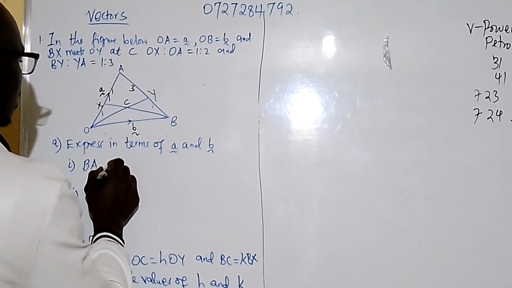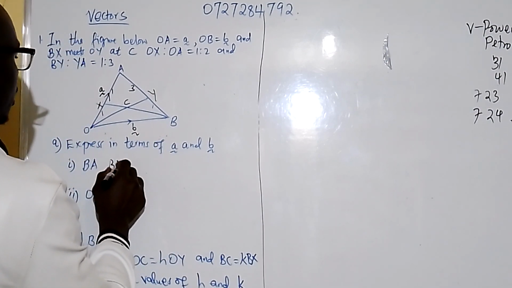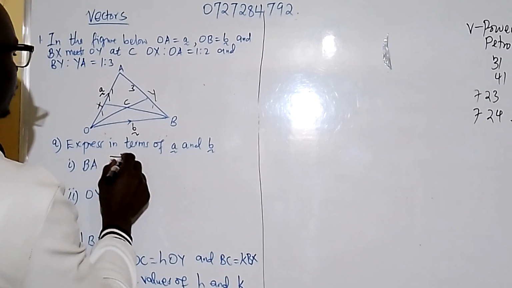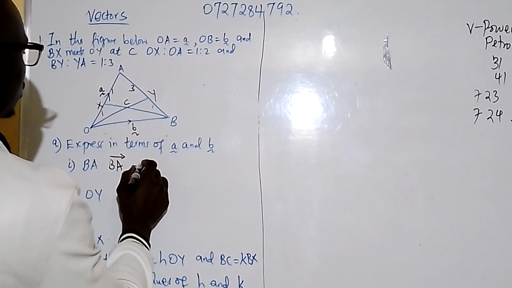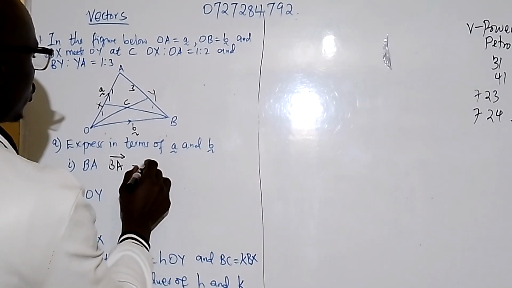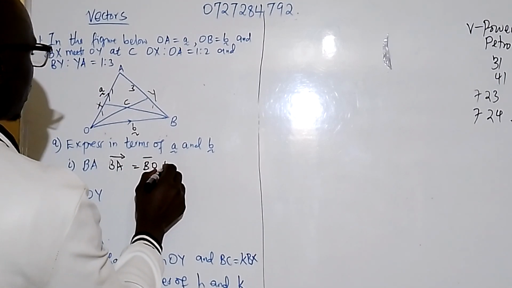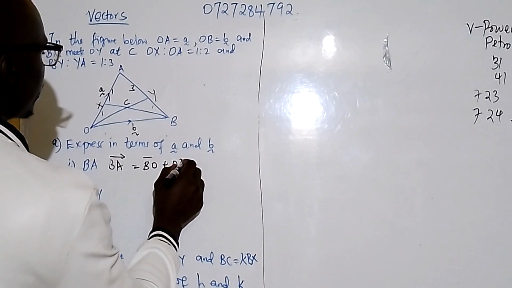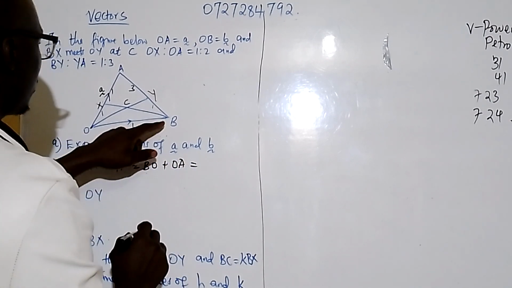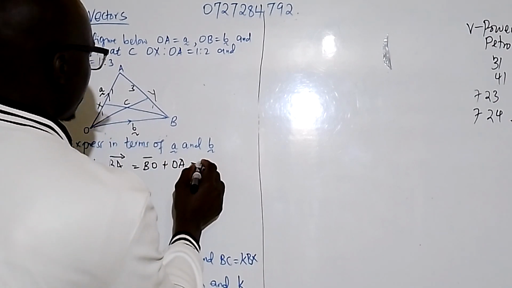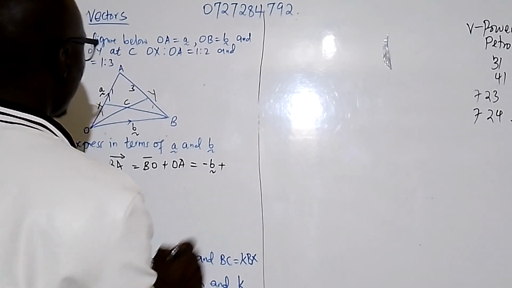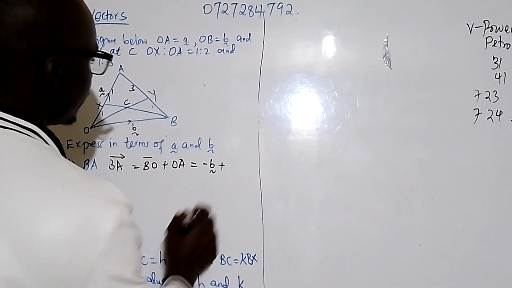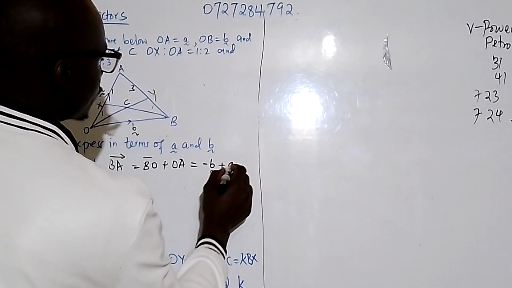Vector BA is written this way, equals BO plus OA, which is negative vector B. We are moving in the opposite direction. Plus OA is vector A. Good.